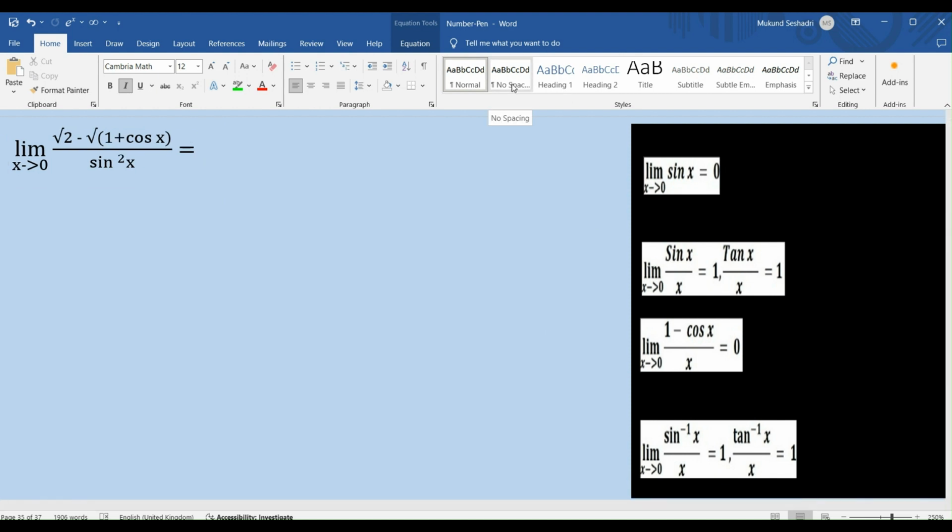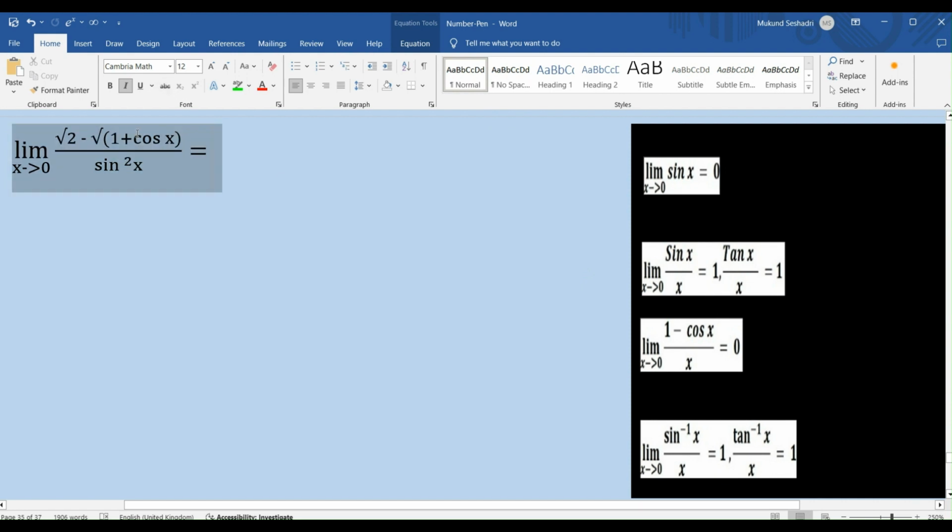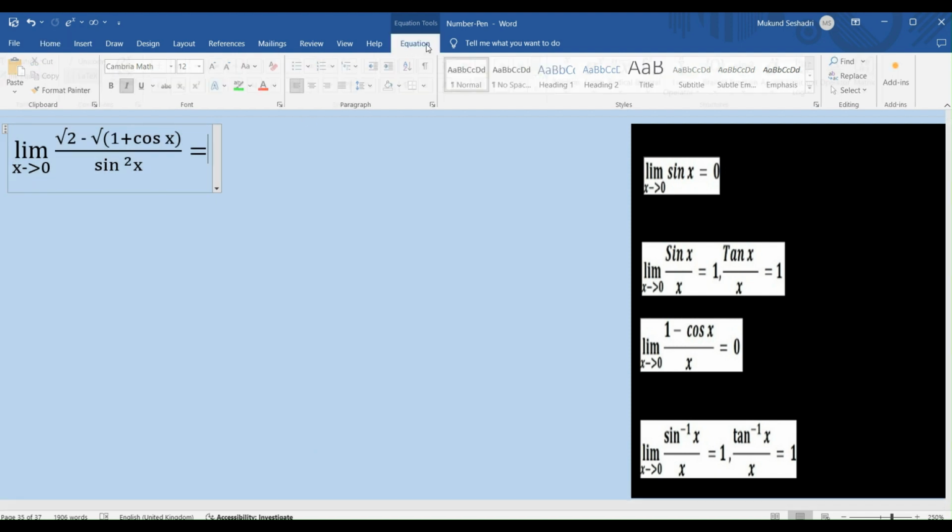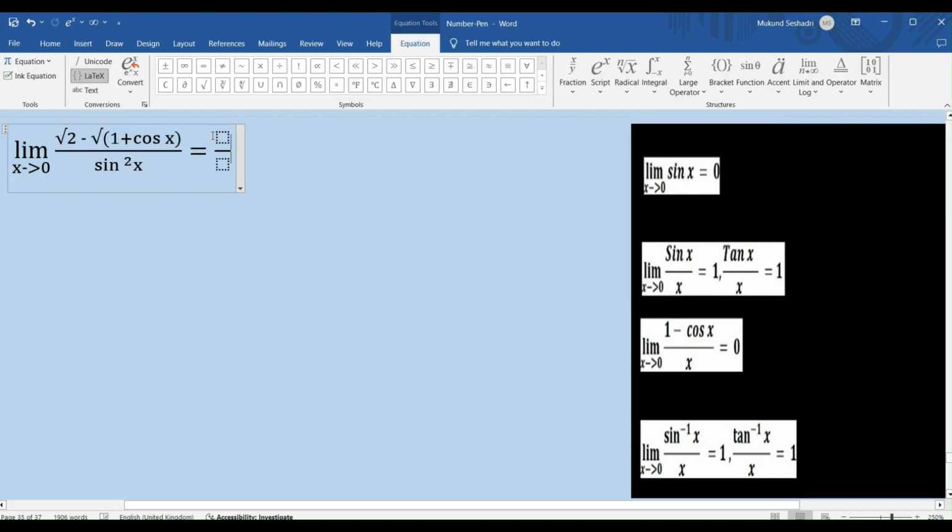So all that I do is multiply and divide by this, right? Write my numerator as it is.